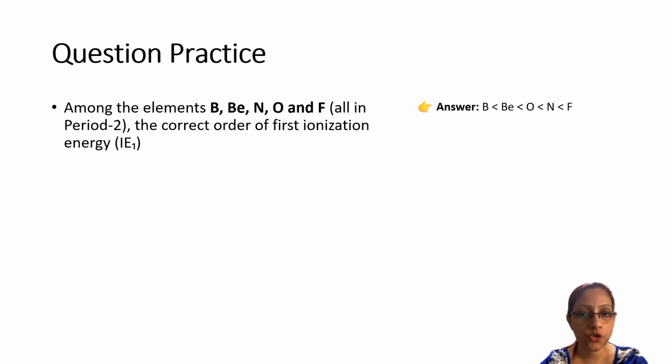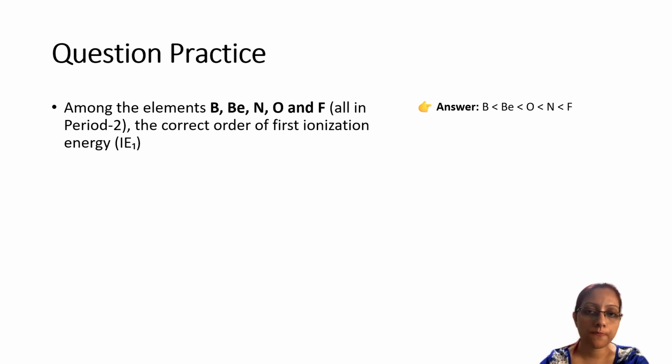Beryllium has electronic configuration of 1s2 2s2, a completely filled 2s subshell, which is a stable configuration, and removing an electron from the stable 2s orbital requires more energy than from boron's 2p1, that is the outermost electron. It is in a 2p orbital, which is higher energy and less tightly bound than a 2s electron, so it is easier to remove. And the reason for oxygen having lower ionization energy than nitrogen we have already discussed, because nitrogen has a stable electronic configuration.